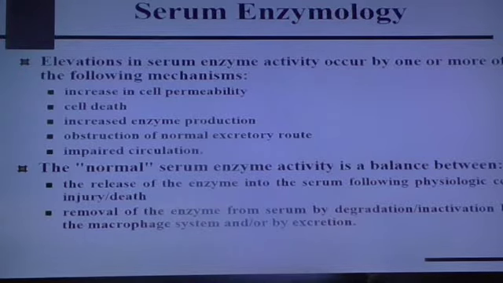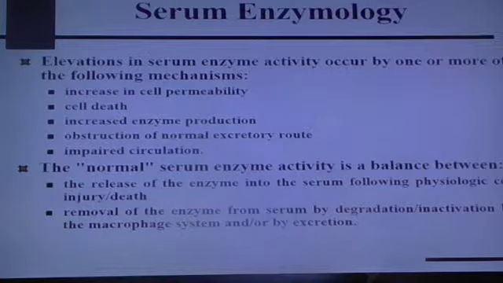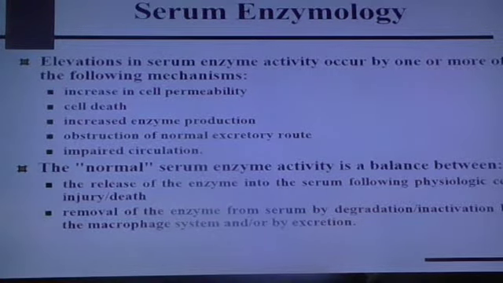And your normal serum enzyme activity is a balance between what is released into the blood and what's excreted from the blood, right? So you can increase this either by causing increased secretion or excretion into the blood, or by interfering with their excretory routes and stuff like that. In other words, you've got to do your physical exam and everything to know what could possibly be affecting this, all right, before you can interpret these things.